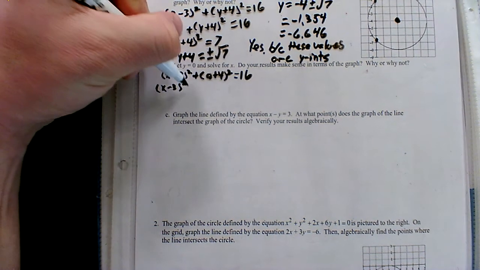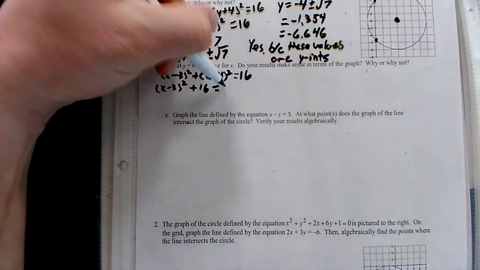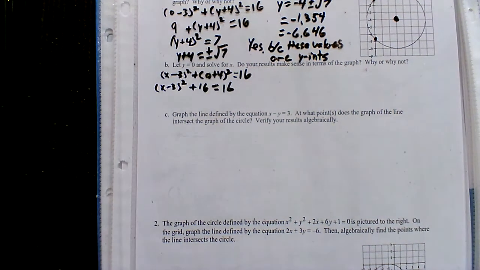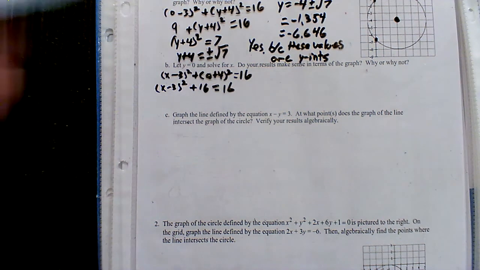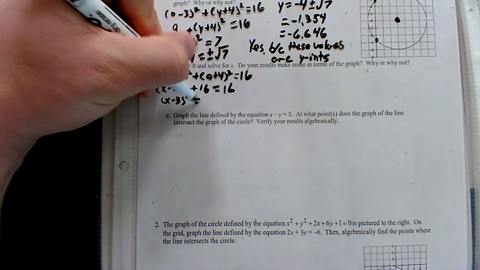X minus 3 squared plus 16 equals 16. 0 plus 4 is 4. 4 squared is 16. X minus 3 squared, get it by itself.